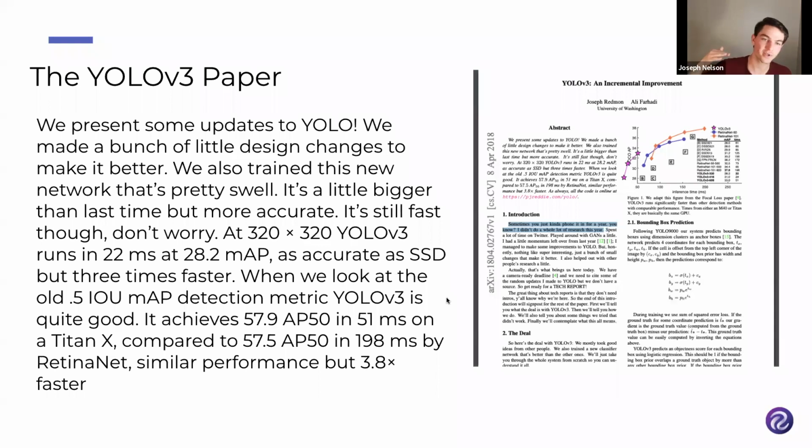So YOLOv3 came out in 2018, and as you can see in the paper in the upper right-hand corner here, the improvements on the COCO data set compared to other prominent models at the time, RetinaNet-50, RetinaNet-101. And what you'll notice, right, is the emphasis of the YOLO family models on speed.